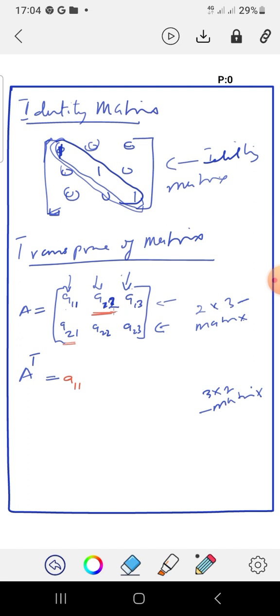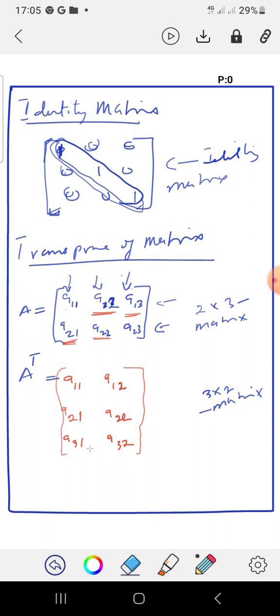A12 becomes A21, A13 becomes A31, A21 becomes A12, and A22 stays where it is. The last one, A23, becomes A32.